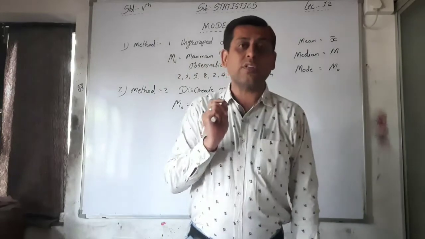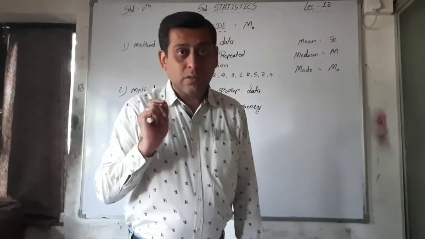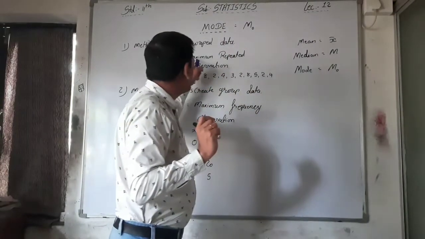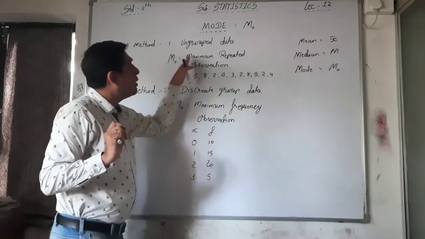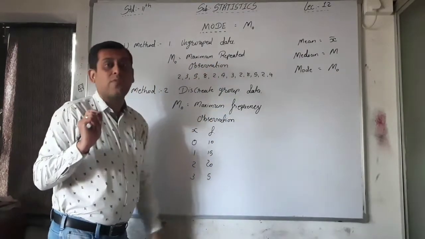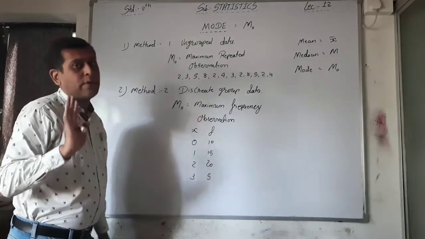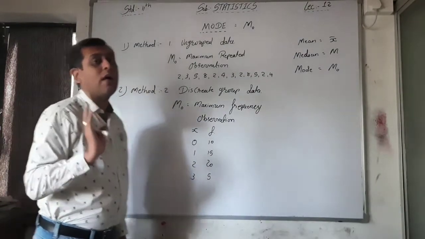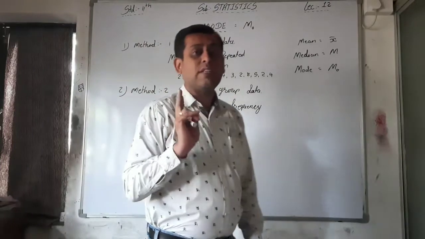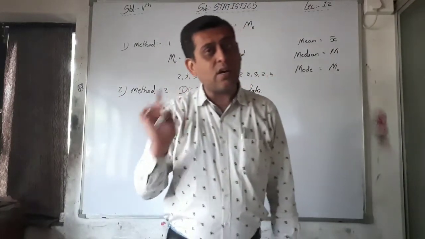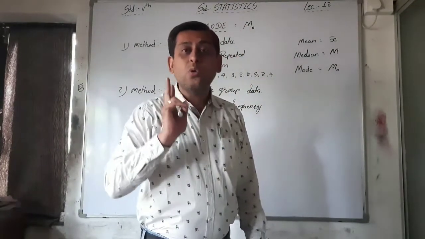The mode is equal to the maximum repeated observation, right? What does that mean? Here 3, 4, 5, 8 are all repeated, but 2 is repeated 4 times and the others only 2 times.